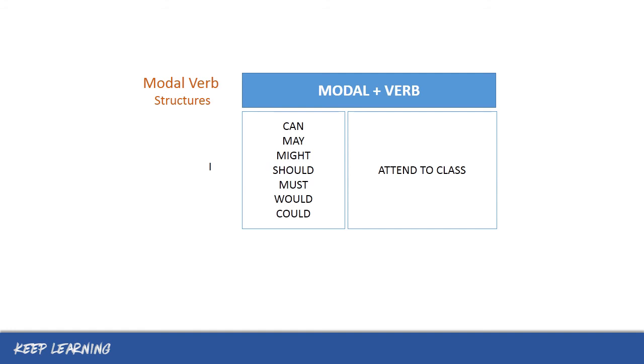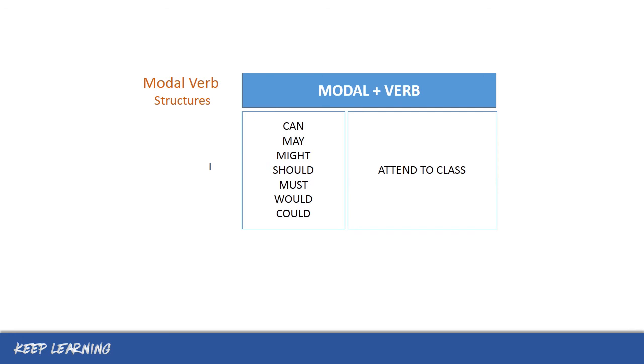Your conscience tells you. I would attend to class. Yo atendería a clase, which is a conditional, right? If, then comes a condition. I could attend to class. Yo podría atender a clase if something happens, right? Negative forms are very simple.